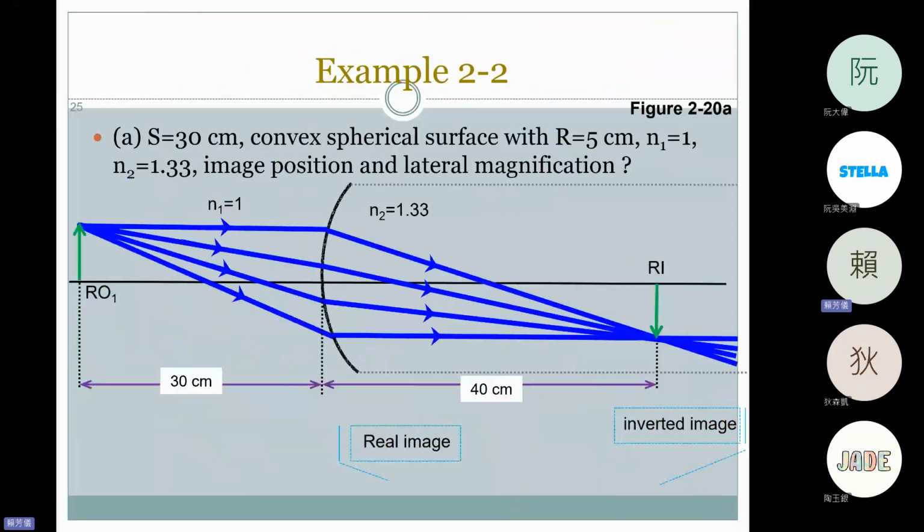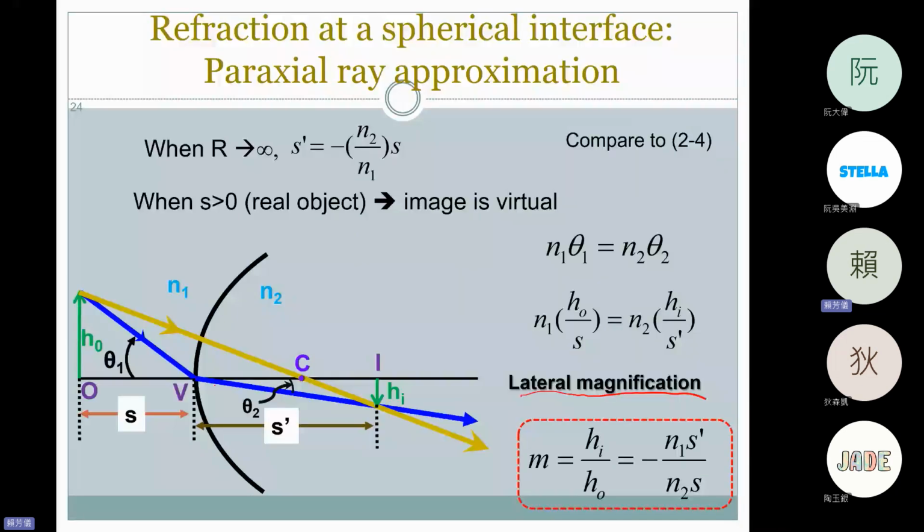We can use the figure here, where we assume the object height is h0, and we have a real image here, and the image height is hi. Then what is the lateral magnification? The lateral magnification means the height of the image divided by the height of the object.